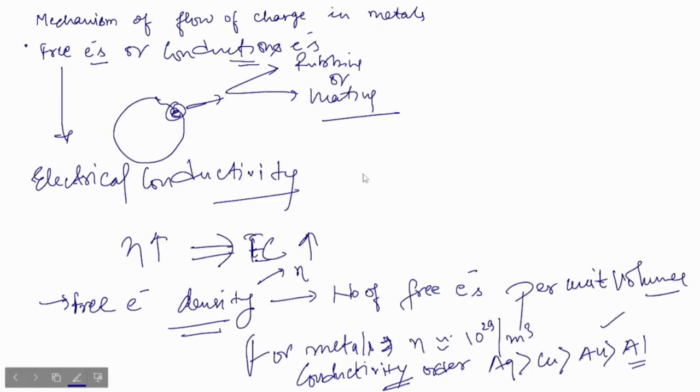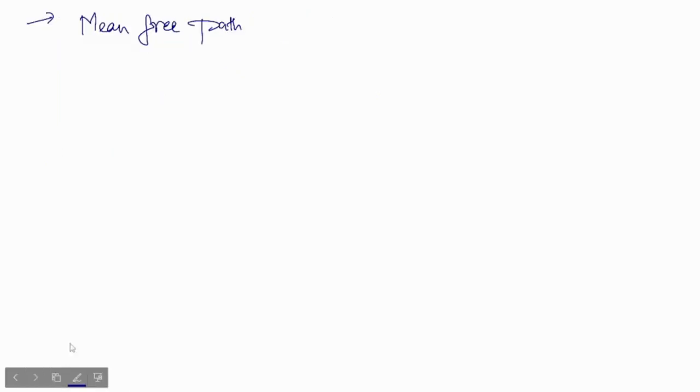Now, the next term is mean free path. This definition of free electrons you can write on your own. Now just write down these things which I am telling you for mean free path.